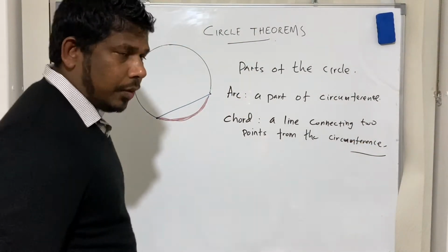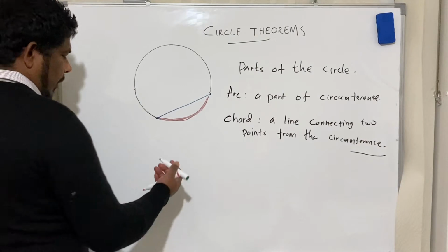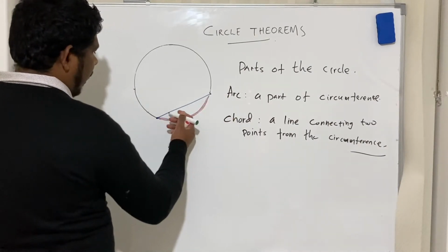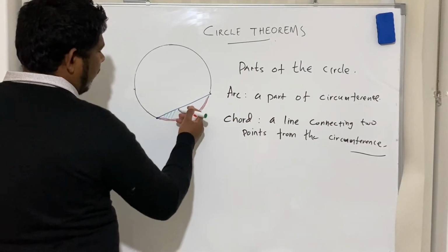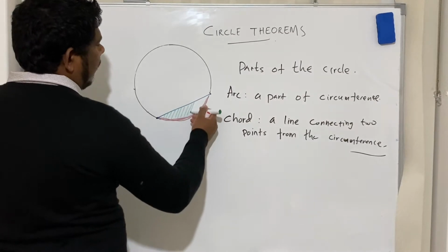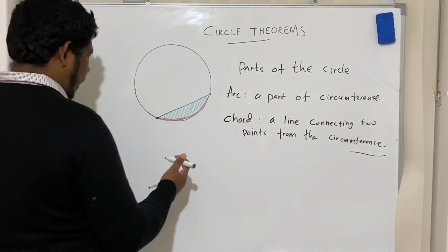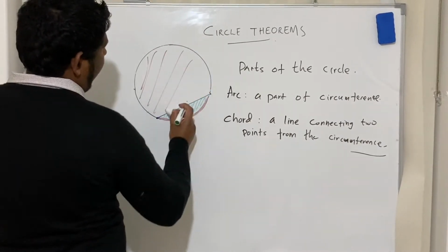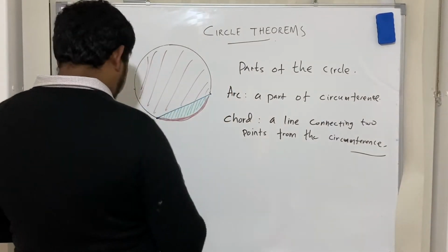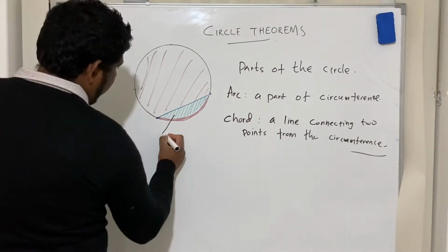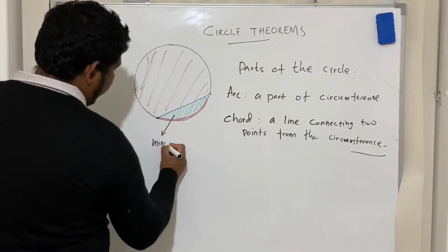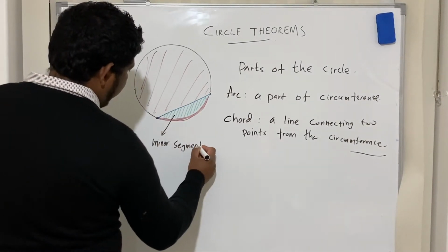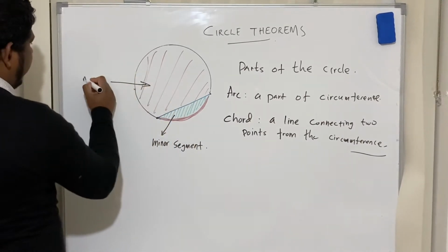And the chord can make two segments. For example, this chord can make a region on this side and a region on the other side. This is called a segment. This is the minor segment. This is the major segment.